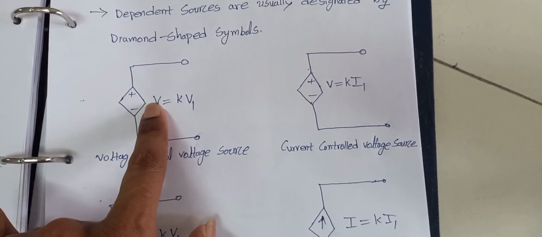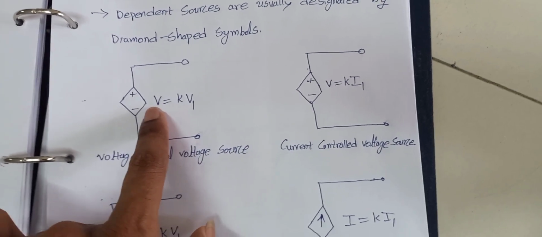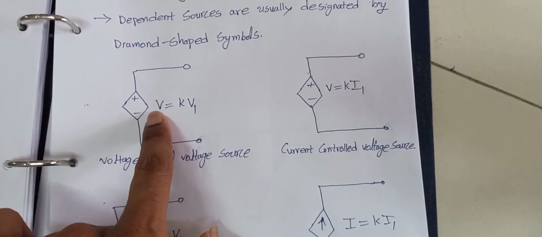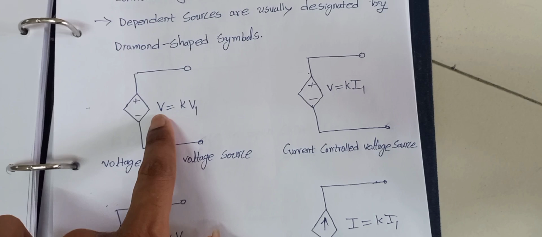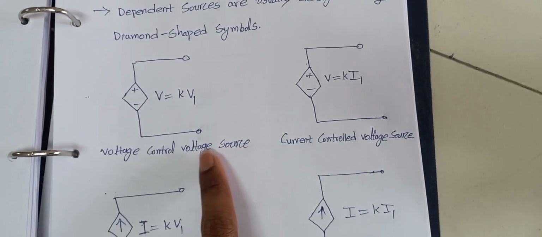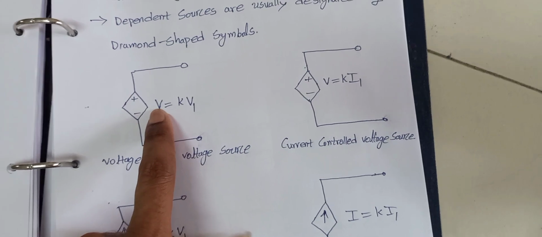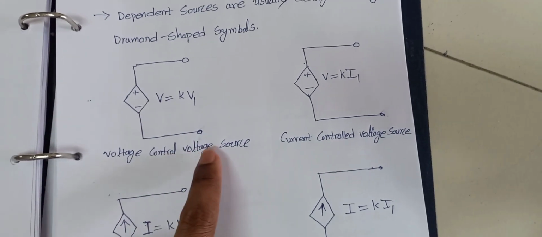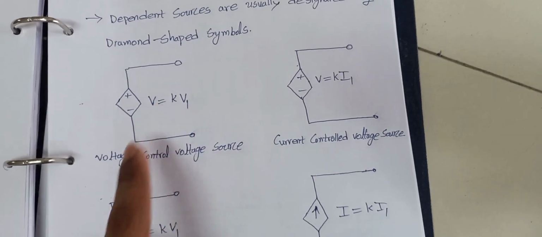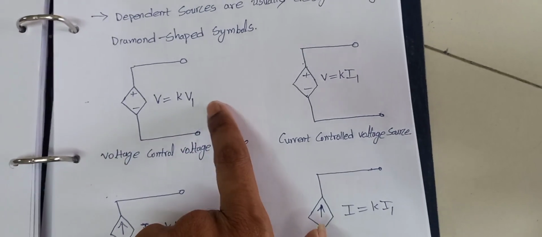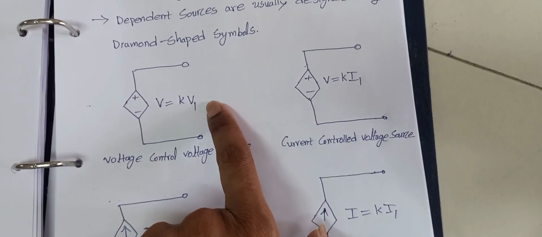If any source comes, either a voltage or a current, you have to mention it on the left hand side. You remember it is a voltage source, no? That's why I have mentioned voltage B here. And which one is controlled? This source's voltage is controlled. That's why on the right hand side I have mentioned voltage again.